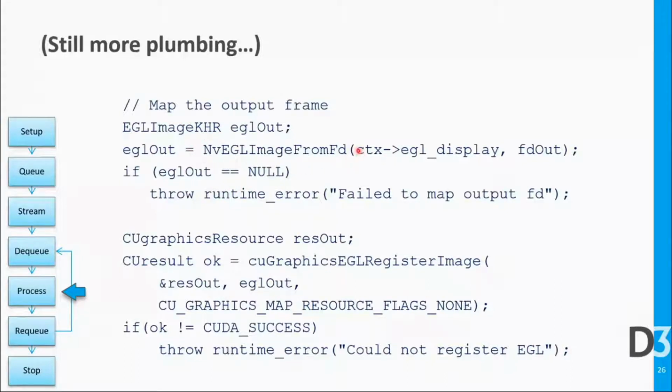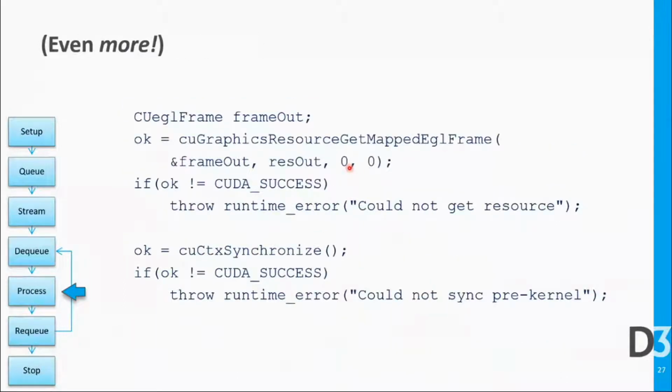So here, this is another MMAPI function. The DMA buf is represented by a file descriptor, and we map it over to an EGL image, which is a handle. It's a cookie. Then, that's not quite enough for the GPU. So for the GPU, we register that EGL image to get a graphics resource. And then, once we've gotten that graphics resource and CUDA knows that this EGL frame exists, then we tell CUDA, okay, now that you know about this frame, actually, yes, I really do want to process into it.